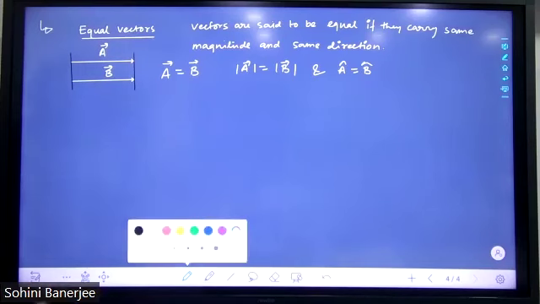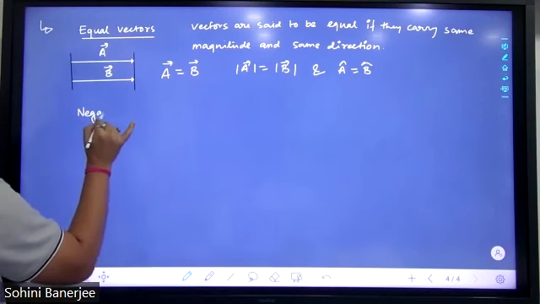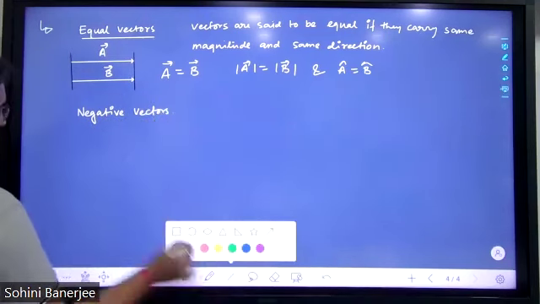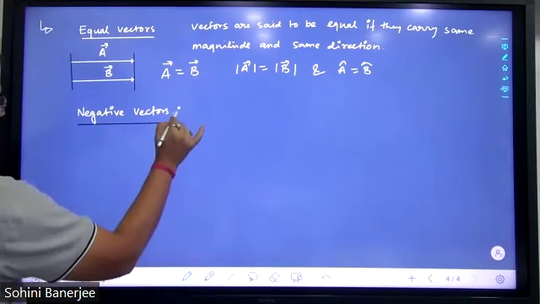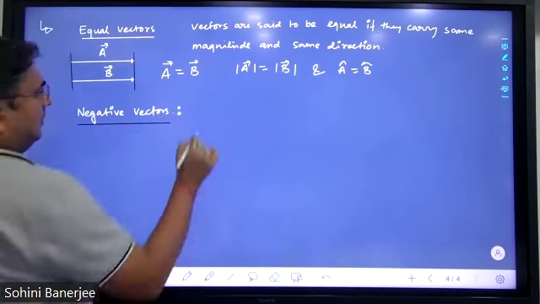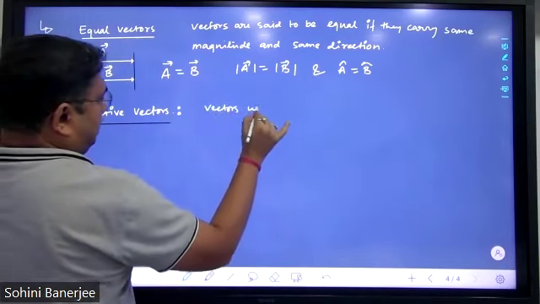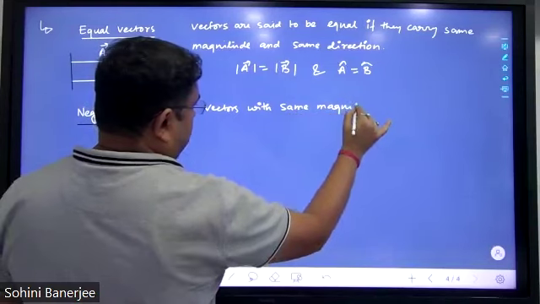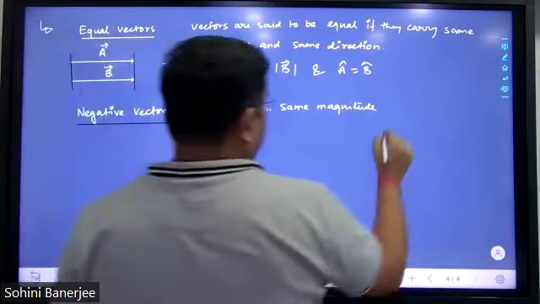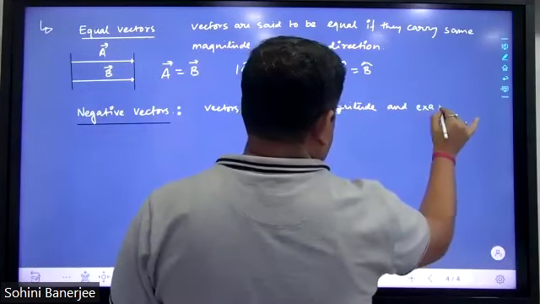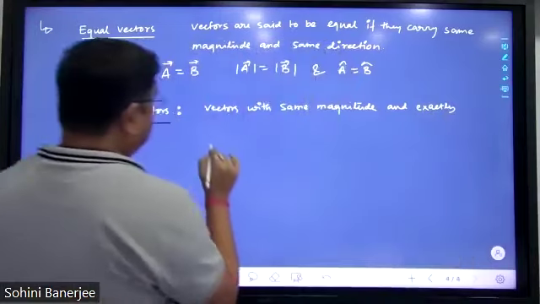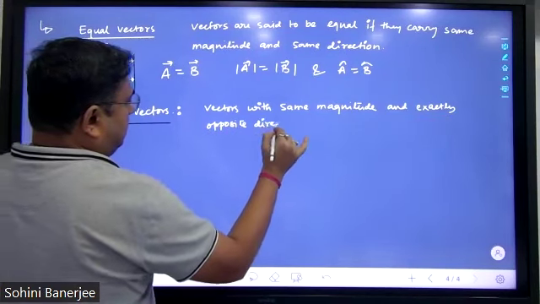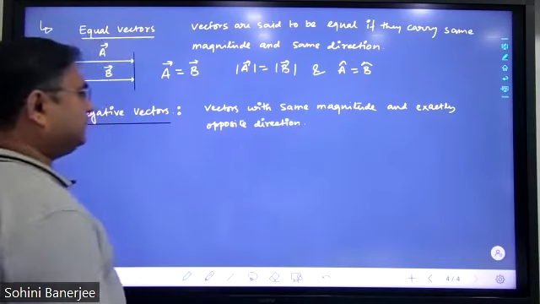On the contrary, negative vectors are vectors with same magnitude and exactly opposite direction.